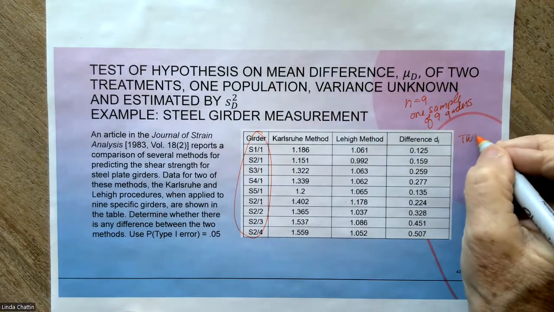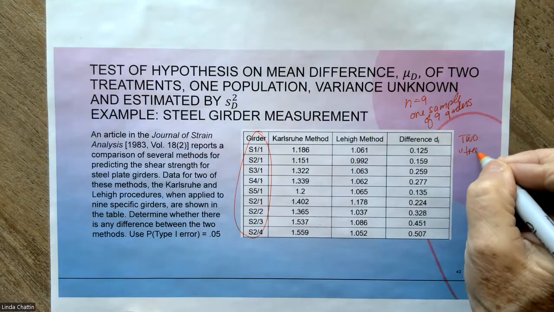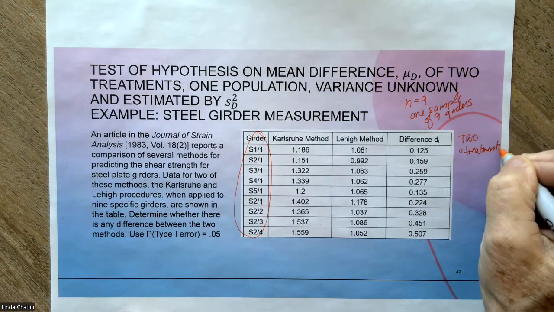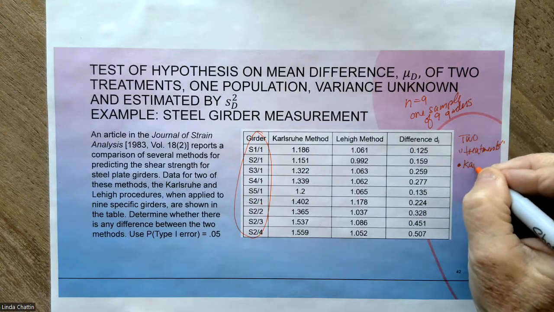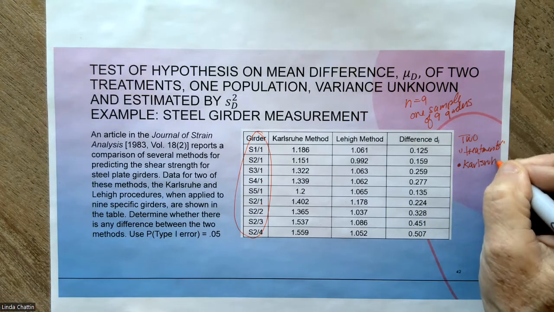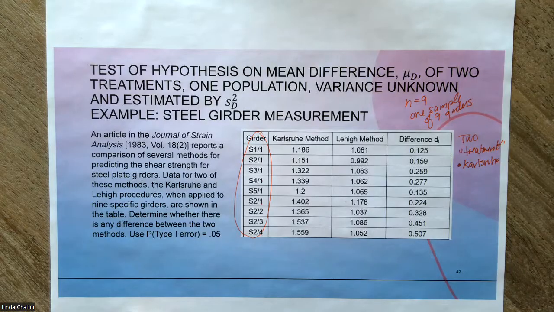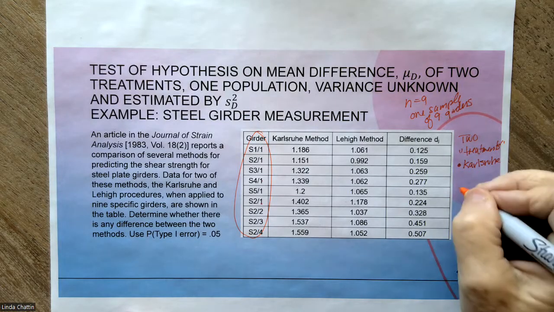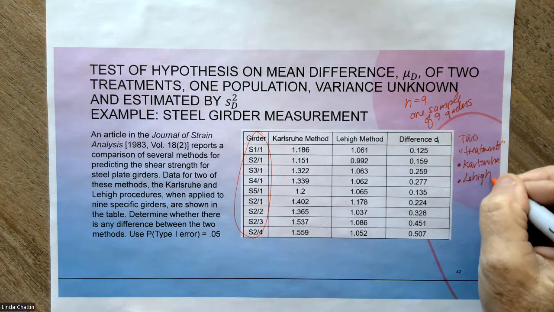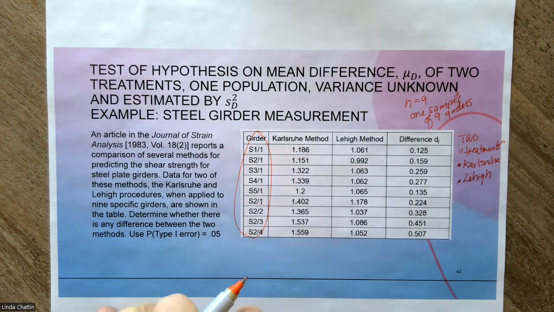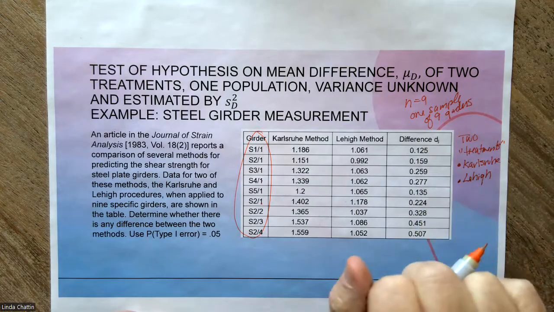So there's two conditions or two treatments, as I said. So the first treatment is I'm going to use this Karlsruhe method to measure the shear strength. And the second one is going to be this Lehigh method. Same girder, two methods. And then what I'm going to look at is the difference here.